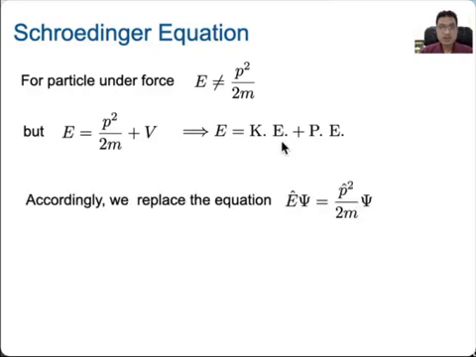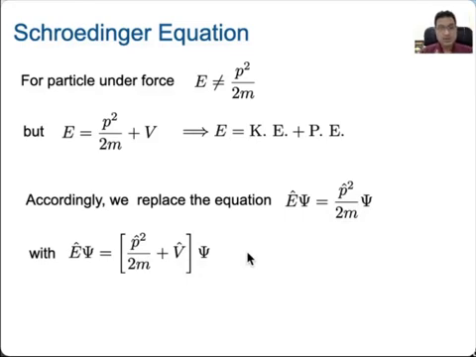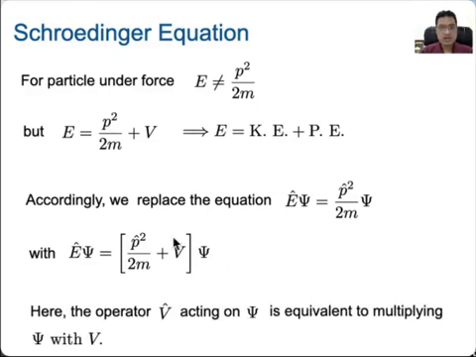Okay, so now this is what we have seen in the previous slide. So what we could do easily, using this energy expression, is replace it by an operator corresponding to the potential. Here we don't know what the form of the potential is. We are trying to write a very general form. So this is the operator form of a Schrodinger equation of a particle which is under some kind of force, or in the presence of some potential.